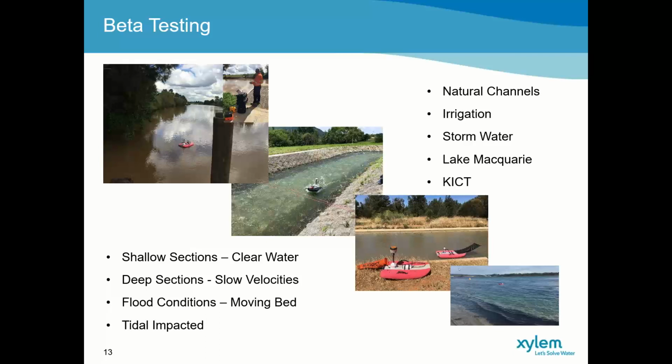And the range of testing varied as well, from natural channels, irrigation, stormwater. We've done tests in Lake Macquarie, which is an inland saltwater lake, as well as tests at the KICT facility in South Korea. So it's definitely a wide range of testing, and I highly recommend that you have a look at the webinar SonTek provided.